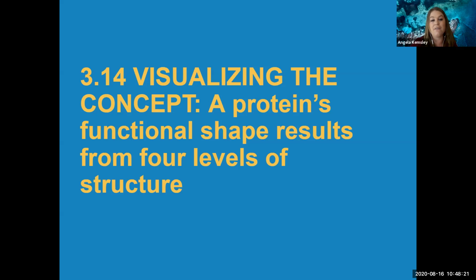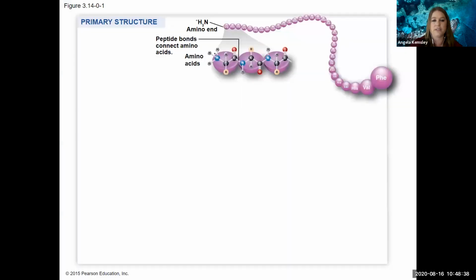But the fact that proteins are so important to your body and that there are so many proteins and that the function of a protein is because of its shape, it's important to have a basic understanding of the 4 levels of shape because it's just so important to how our body works.